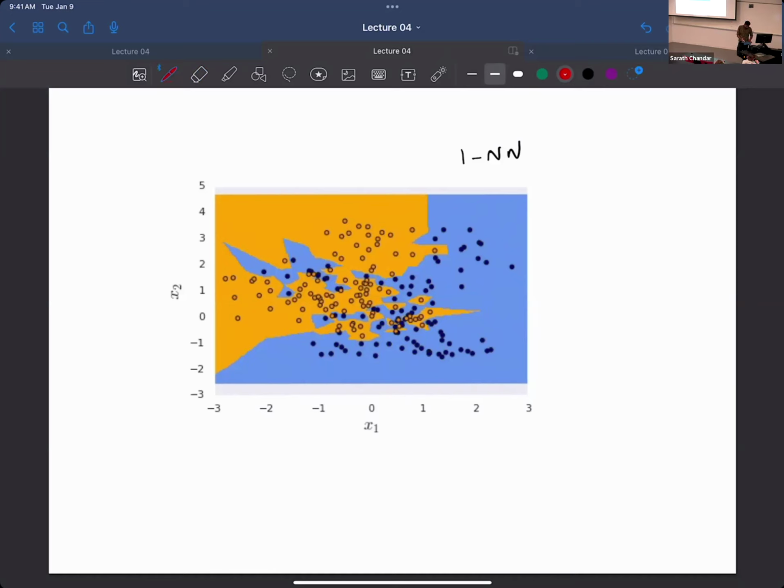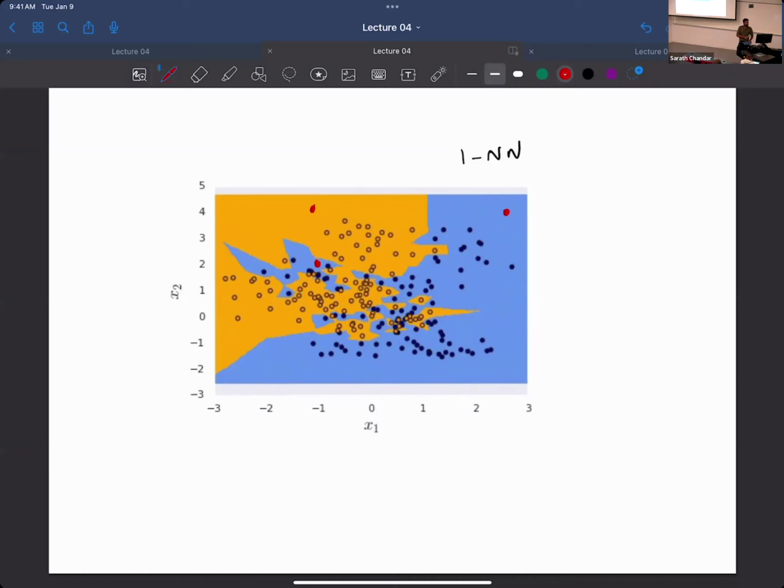For example, let's say I give you a new data point here. It's blue because it is in the blue region, right? If I give you a new data point here, it's yellow because it's in the yellow region. So now you can say that this is blue. Previously we had a doubt whether this is blue or yellow, right? When you start making the assumption that I'm going to use one nearest neighbor, it is blue.